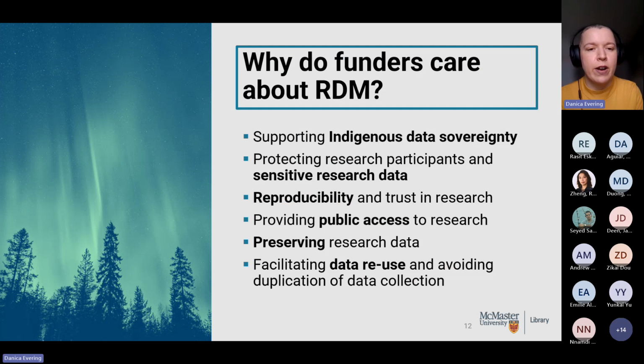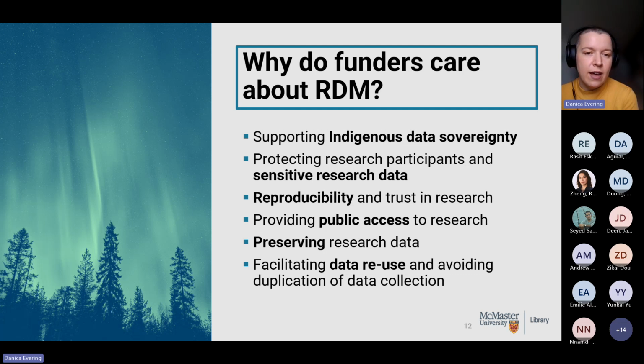Funders care about RDM for a number of reasons. One of the tri-agency's goals is to support Indigenous data sovereignty. We might also look at protecting research participants, so it aligns with our national ethical standards. Reproducibility is another concern, so that we can feel confident and trust research results. Providing public access to research, so often grants are publicly funded, and so providing public access to research results is important.